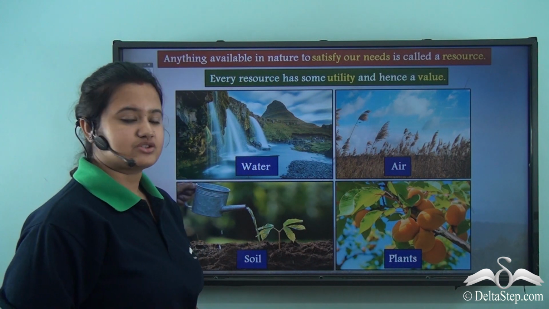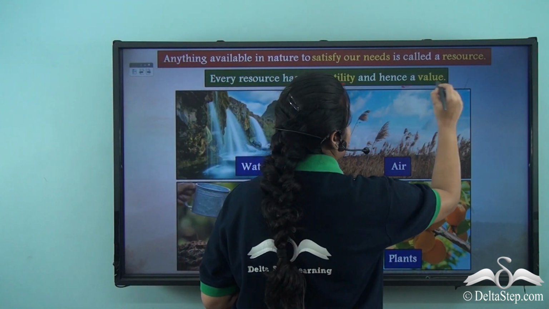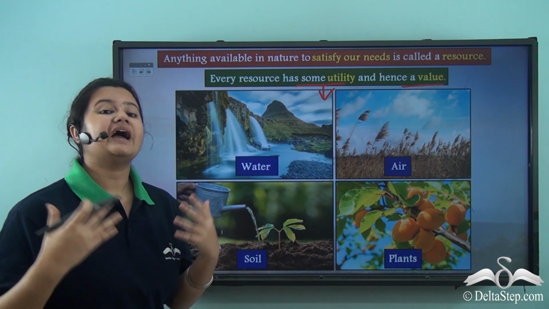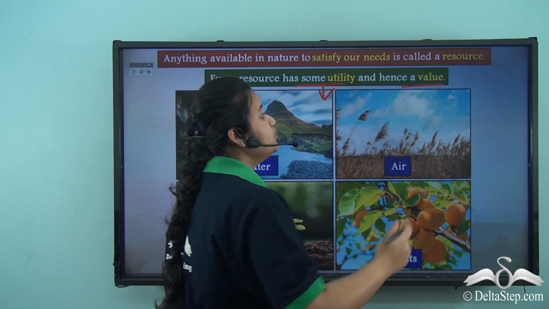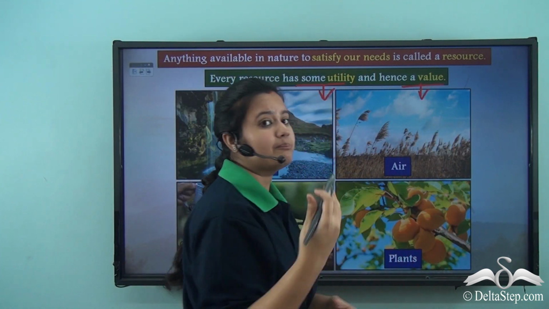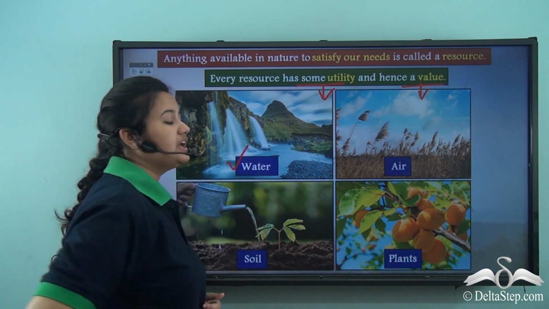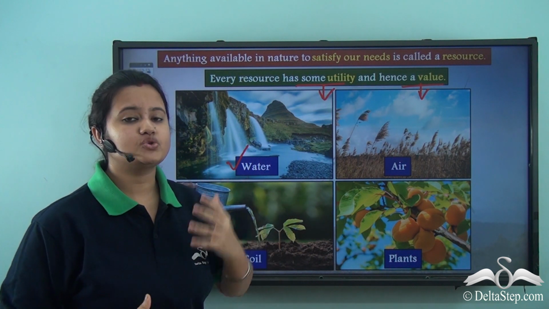Now, every resource has some utility and hence a value. Utility refers to the uses and benefits of a resource, whereas value refers to the worth of a resource in monetary units. For example, water is used for drinking, cooking and for obtaining hydroelectricity.